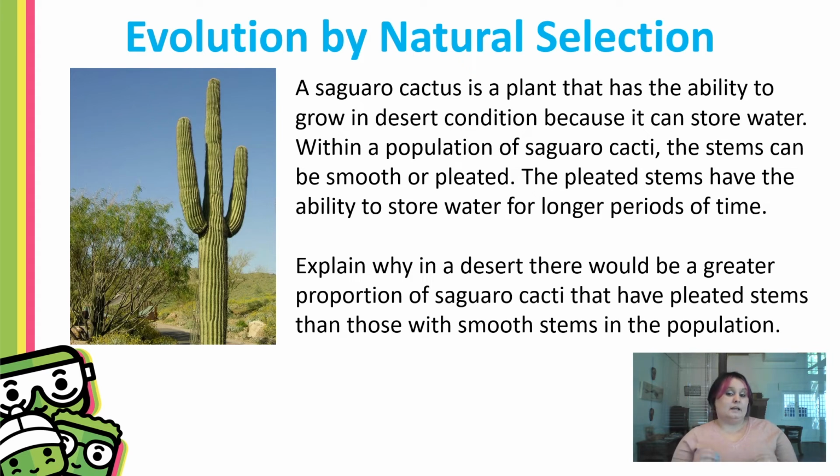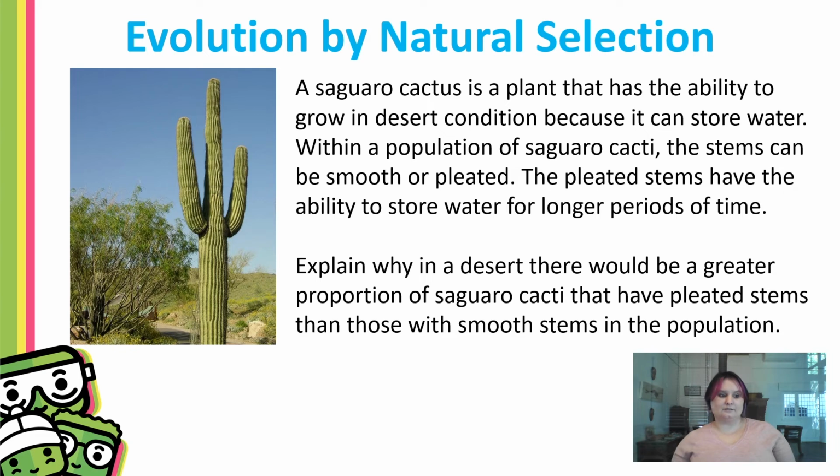A saguaro cactus is a plant that has the ability to grow in desert conditions because it can store water. Within a population of cacti, the stems can be smooth or pleated. The pleated stems have the ability to store water for longer periods of time. Explain why in a desert there would be greater proportion of saguaro cacti that have pleated stems than those with smooth stems in the population.